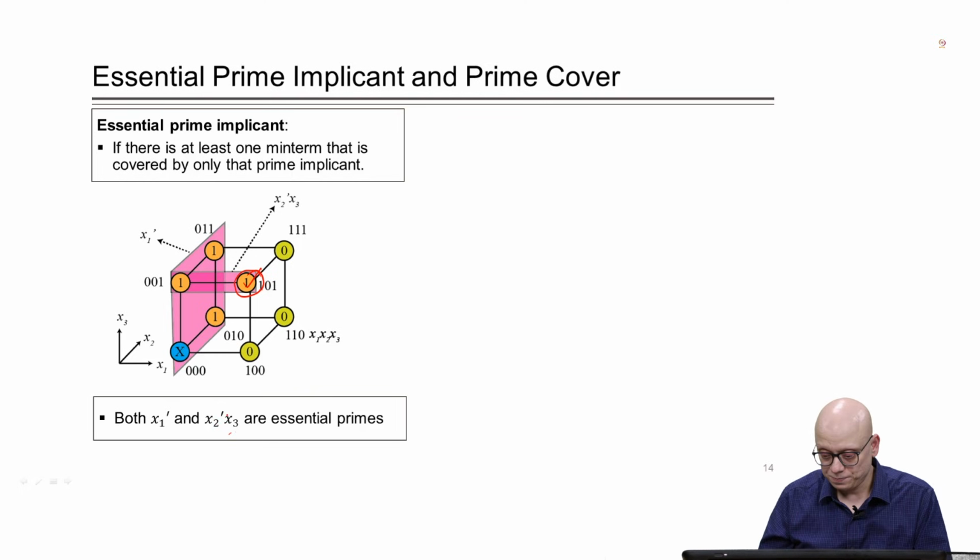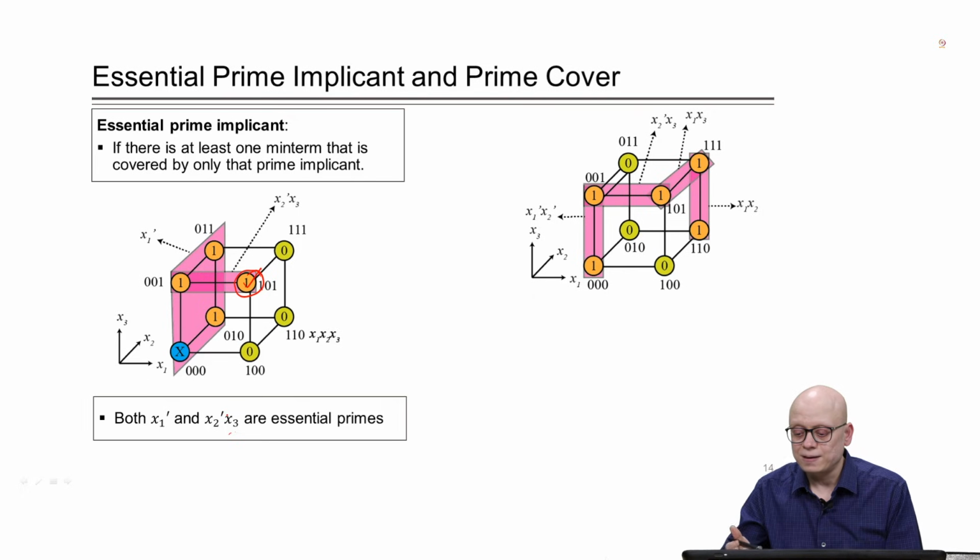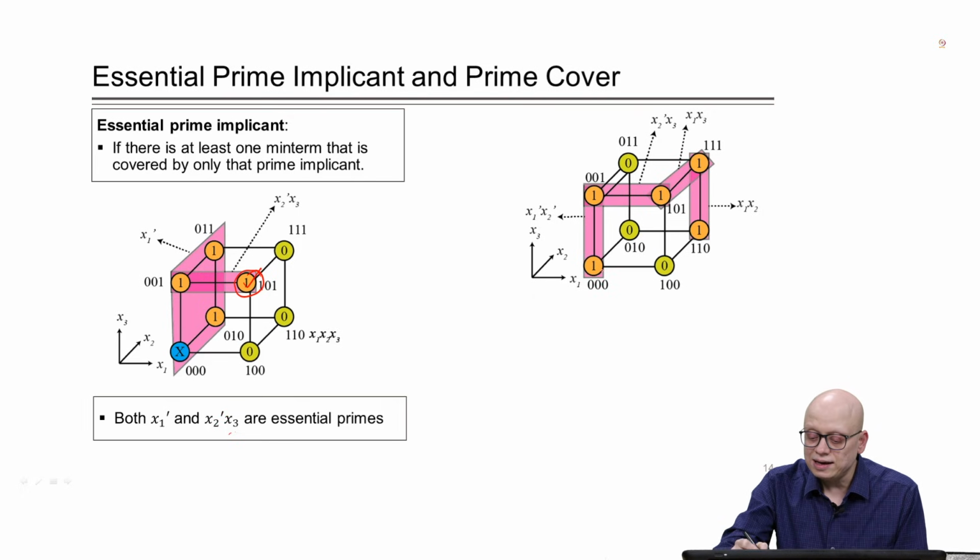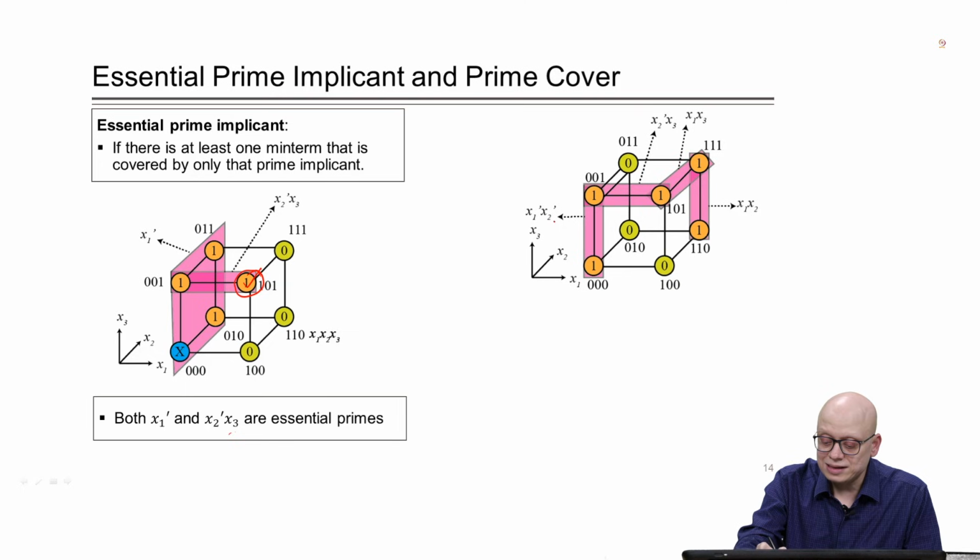Now, let us take another example. In this case, there are 4 primes: x1 dash x2 dash, this one, another is this one, and the fourth one is this one. Which of them are essential?